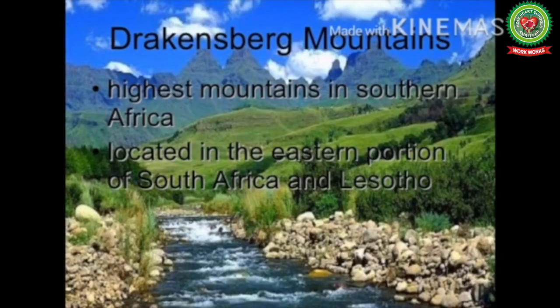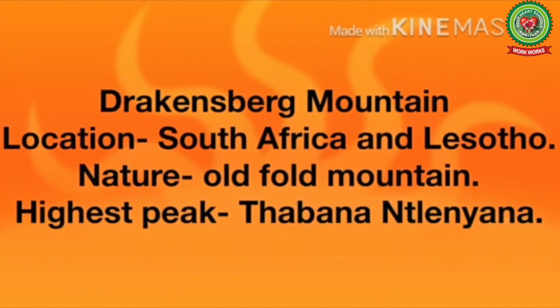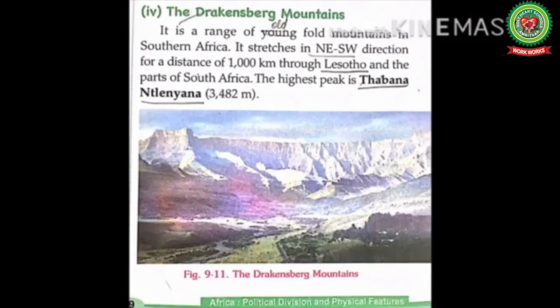Next, we come to the Drakensberg Mountains. These are the highest mountains in southern Africa. They are located in the eastern portion of South Africa and Lesotho. These are old fold mountains. It means they are not increasing in their height. The highest peak of the Drakensberg Mountains is Thabana Ntlenyana.